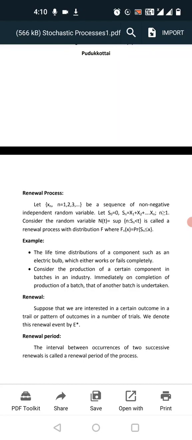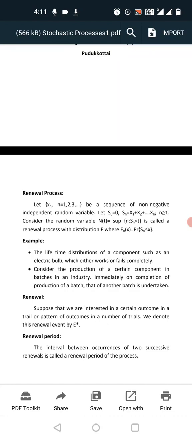Let Xn, where n equals 1, 2, 3, etc., be a sequence of non-negative independent random variables, and we choose the initial value S0 equal to 0, and Sn, that means the sum of n terms, X1 plus X2 plus etc. plus Xn, where n is greater than or equal to 1.